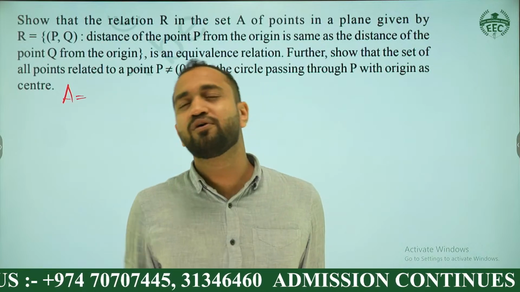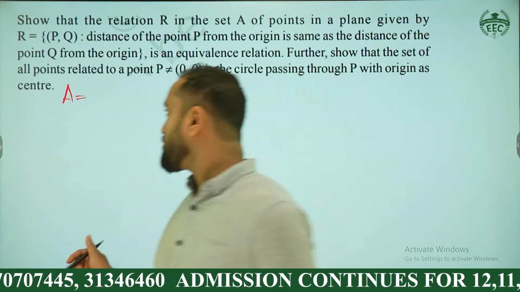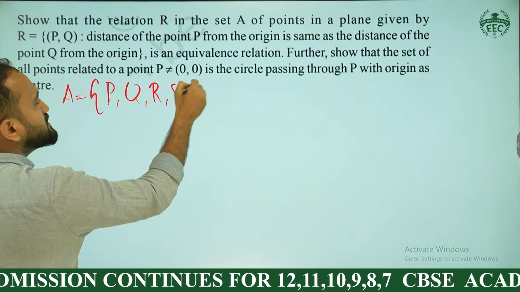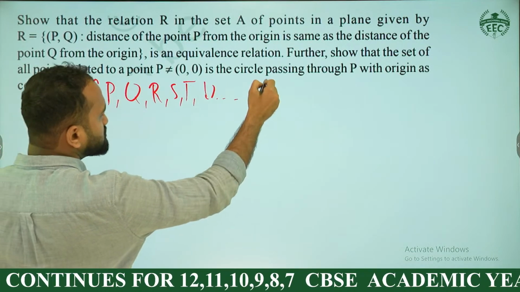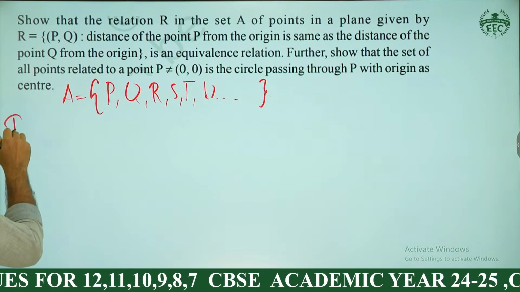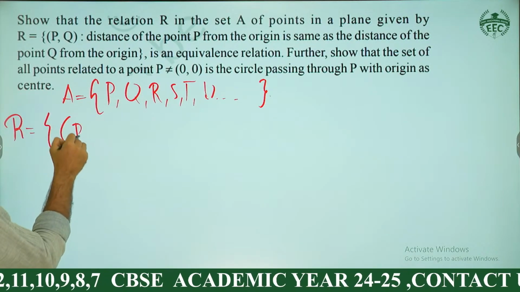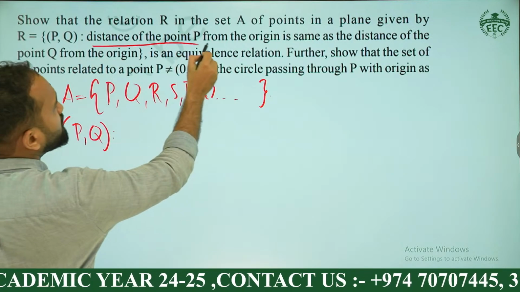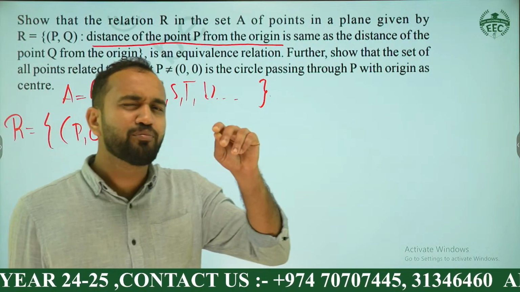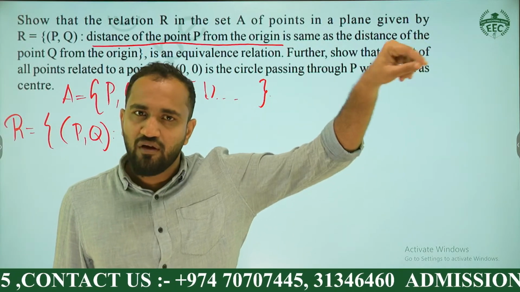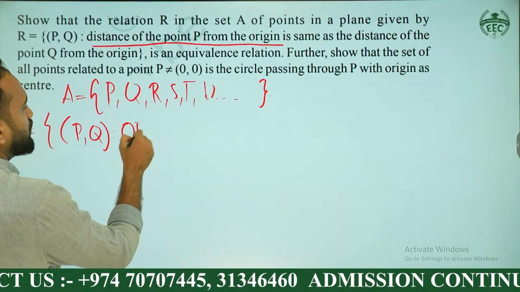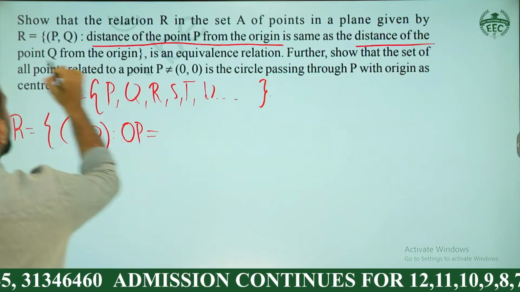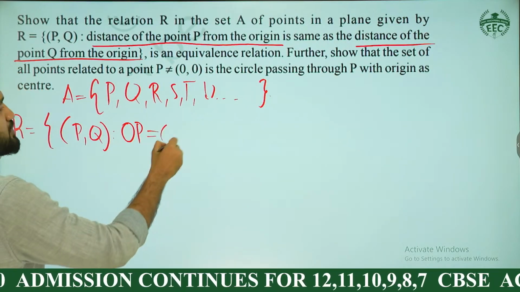Point P, point Q, point R, point S, point T, etc. So this set contains many points that can be represented as P, Q, R, S, T, U, etc. Now the relation is defined as the set of all pairs P comma Q, where two points P and Q are related if the distance of point P from the origin, which is OP, is equal to the distance of point Q from the origin, which is OQ.